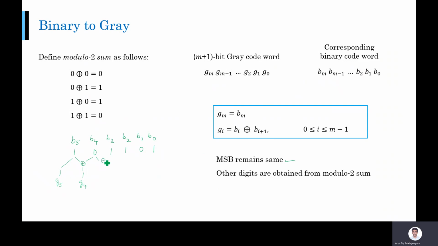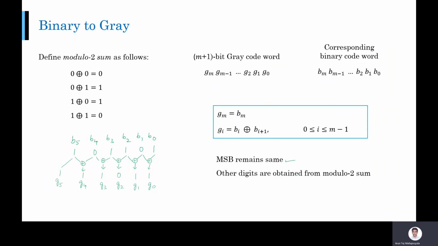Similarly, you do modulo 2 sum for other bits also. 0 and 1 modulo 2 sum is 1. 1 1 modulo 2 sum is 0. 1 0 modulo 2 sum is 1. 0 1 modulo 2 sum is 1. Okay, so you got your gray code with G5, G4, G3, G2, G1, G0. So the conversion is very easy. Given a binary code, you can convert that to gray code in this method.